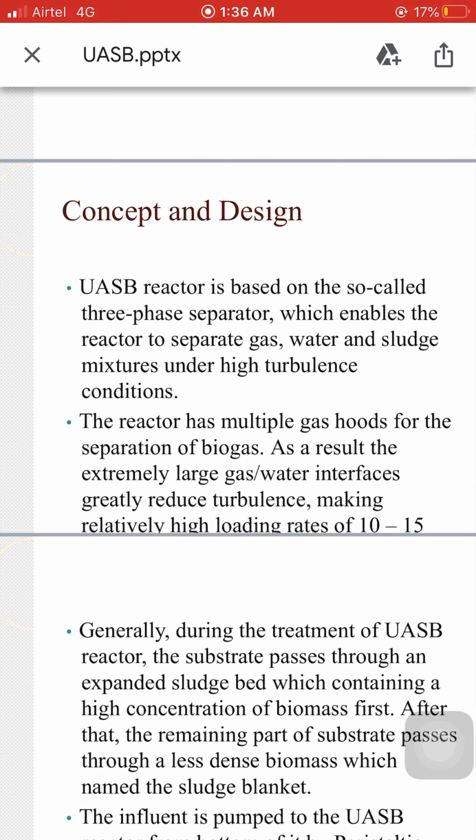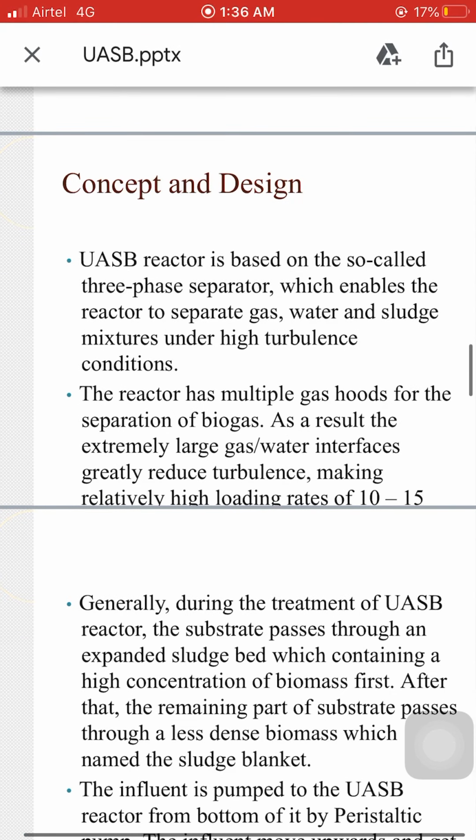As a result, gas and water interference is greatly reduced, as is the turbulence, making relatively high loading rates of 10 to 50 kg per cubic meter per day possible. Separation in the USB reactor requires only 1.0 meter of height, which prevents the flotation effect and consequently floating layers.